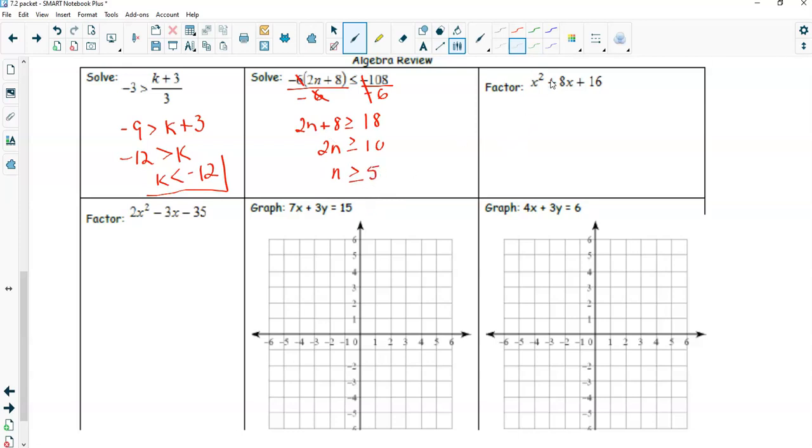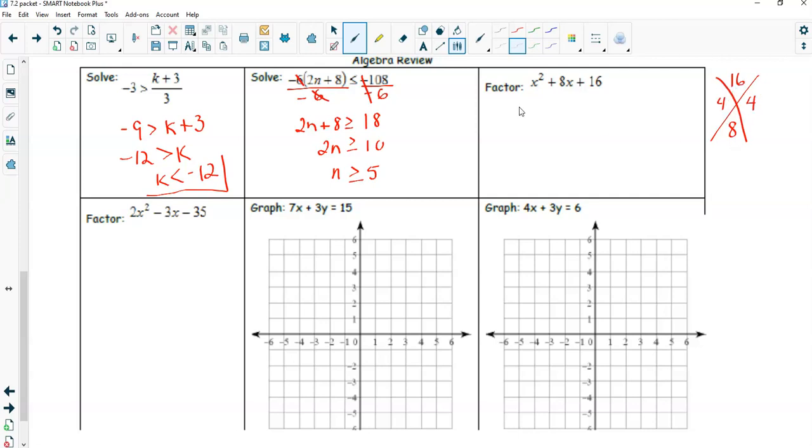The next one is factoring. When you're factoring, remember, you want to just multiply a times c, which in this case is positive 16. Put b in the bottom, which is 8. That's both positive. So in this case, what gives me 16? Well, 4 times 4 gives me 16, and 4 plus 4 gives me 8.